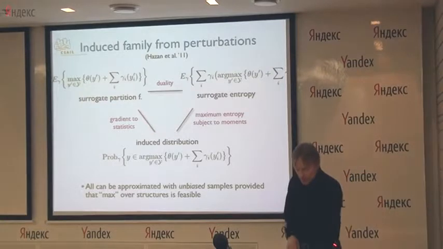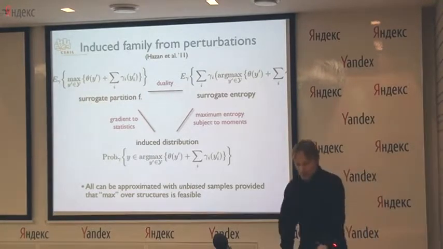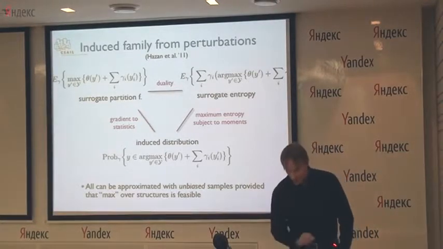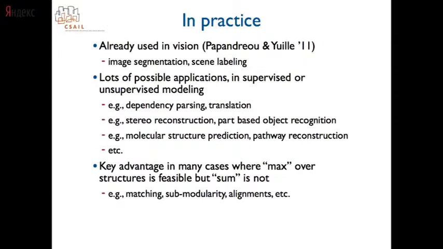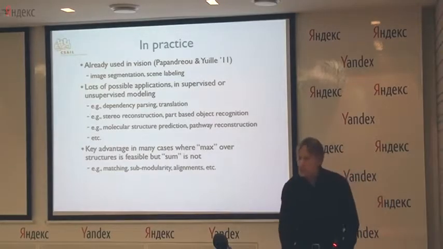So this is actually very new material. Much of it is unpublished. There is already a part of the story that was independently developed by Papandreou and Yuille, and they applied it initially to image segmentation and labeling problems.